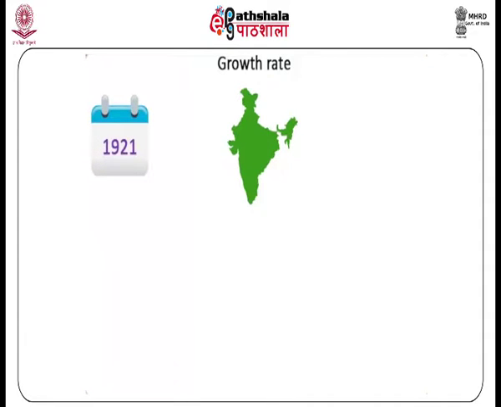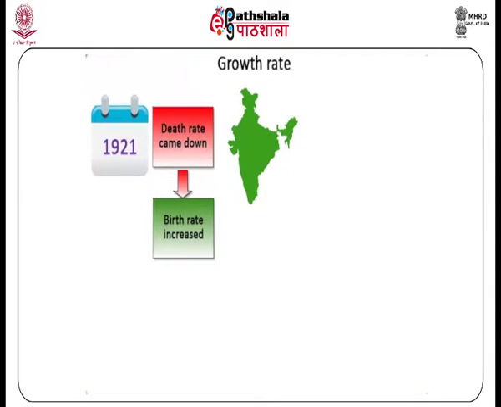In 1921, following a couple of years of good monsoon and ample harvest, death rate in India came down and the comparatively high birth rate could make its impact felt upon the rate of growth of population. Following this year of the Great Divide, Indian population entered into a phase of growth known as the second stage of demographic transition.